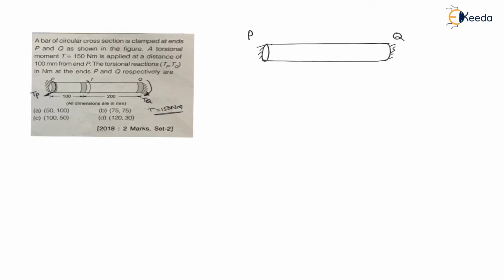In between, let us say at R, the torque T is acting in anti-clockwise direction. This distance is 100 mm and this distance is 200 mm. Therefore at P there will be a torsional reaction.